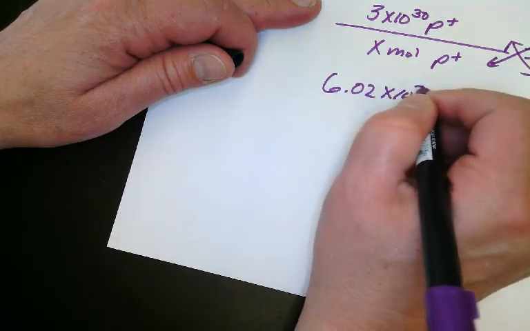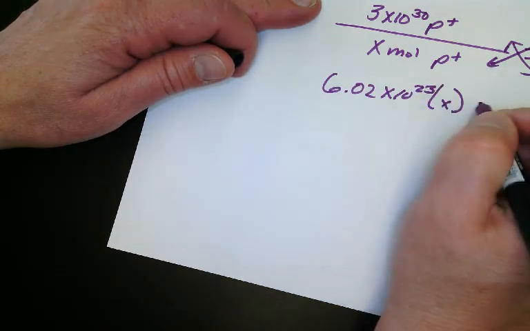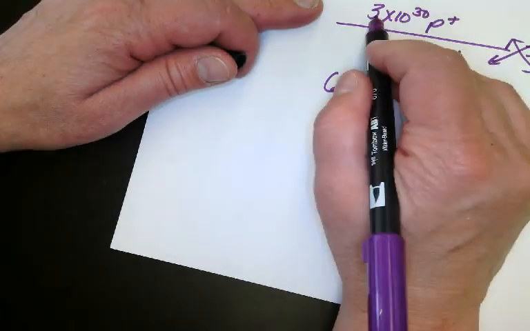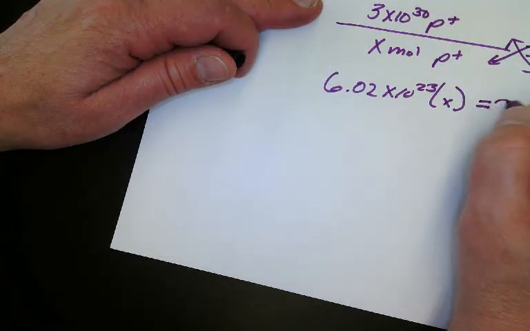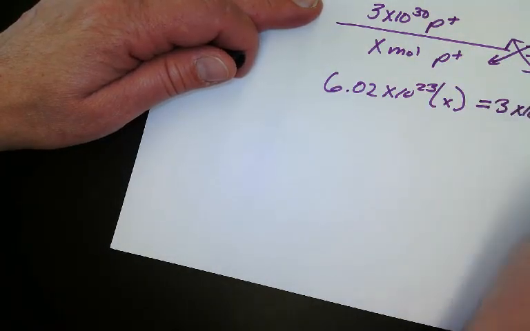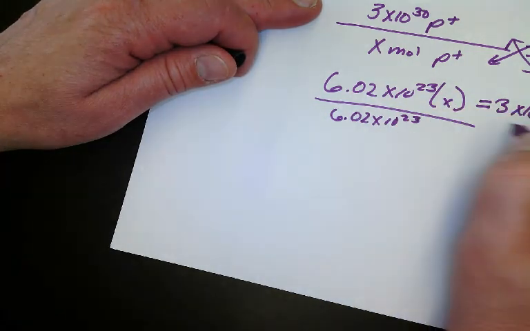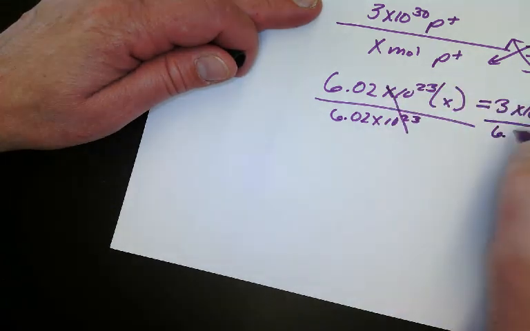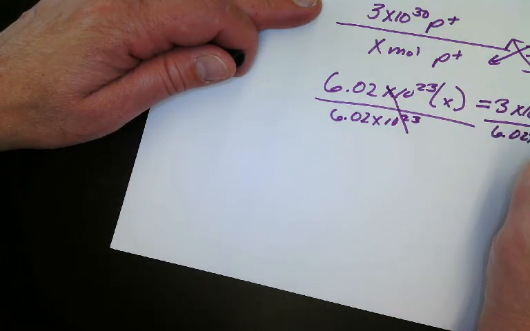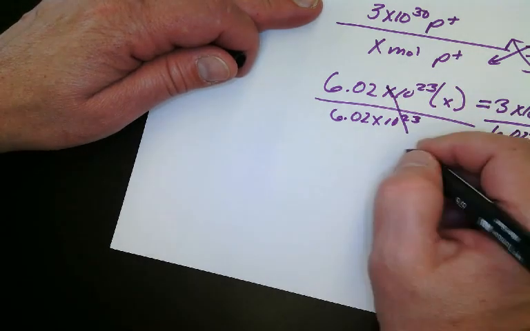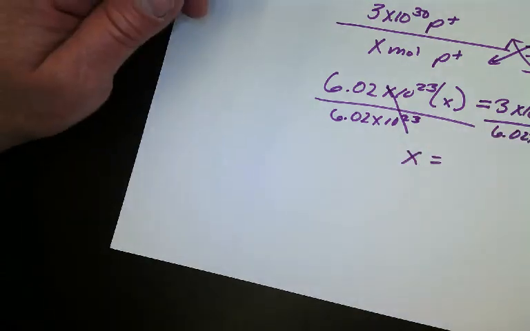6.02 times 10 to the 23rd times x is equal to 3 times 10 to the 30 times 1. Divide by Avogadro's number on both sides. And x comes out to be, now watch how I do it.